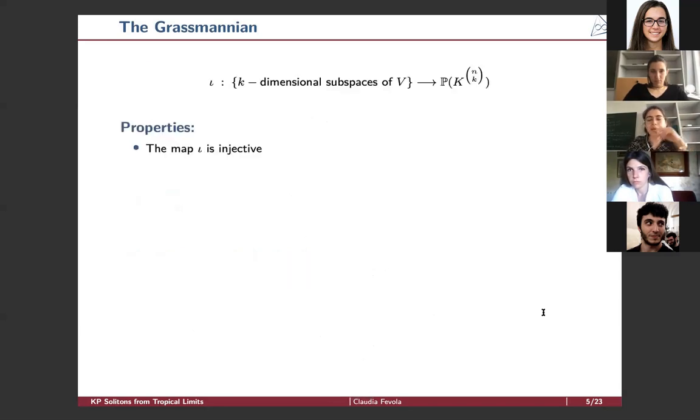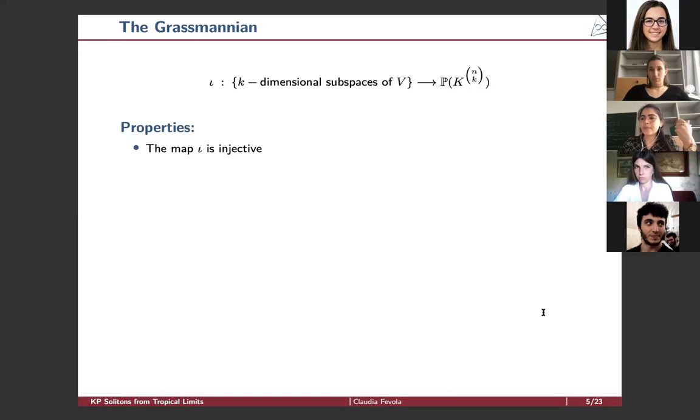And we can actually describe a map that to each k-dimensional subspace of V associates all the maximal minors of this matrix, so all k by k minors of this matrix.